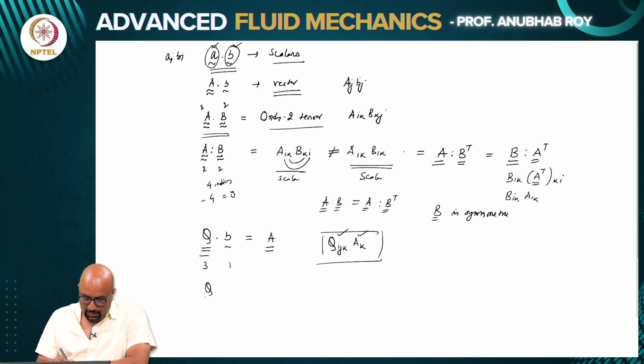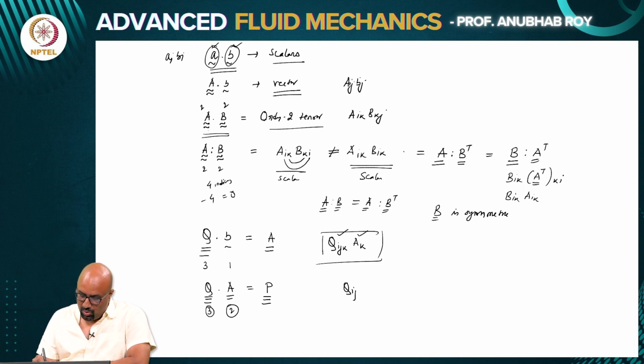Now, you can continue this further, and let us say now you do this dot with an order 2 tensor. By now, you are starting to get a feel for what you are going to get. You have an object that has 3 indices, an object that has 2 indices, and when you do the dot product, you get something that has 3 indices.